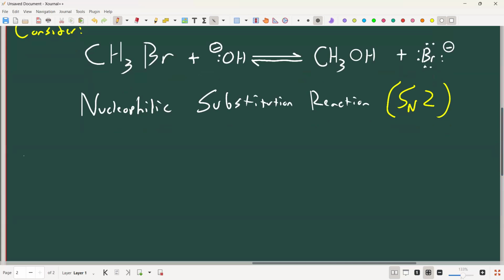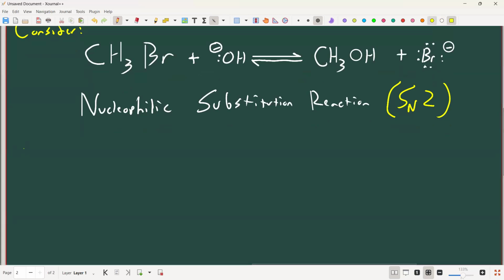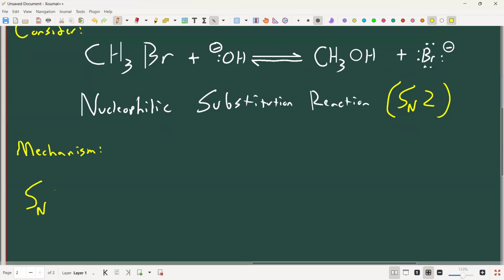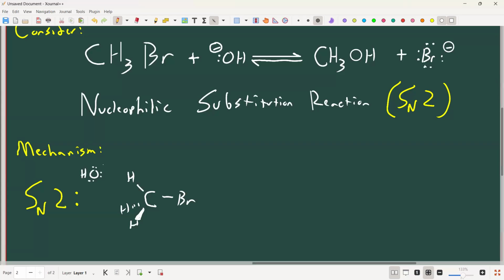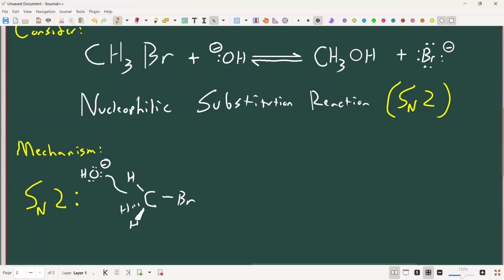What's the mechanism for this reaction? Let's look at the mechanism. Let's just do it like an organic chemist. Let's push electrons, and we have SN2. How does that happen, Angela? Fantastic. So we have methyl bromide. I'm going to draw it in 3 dimensions. The OH, as Angela says, comes in from the back.